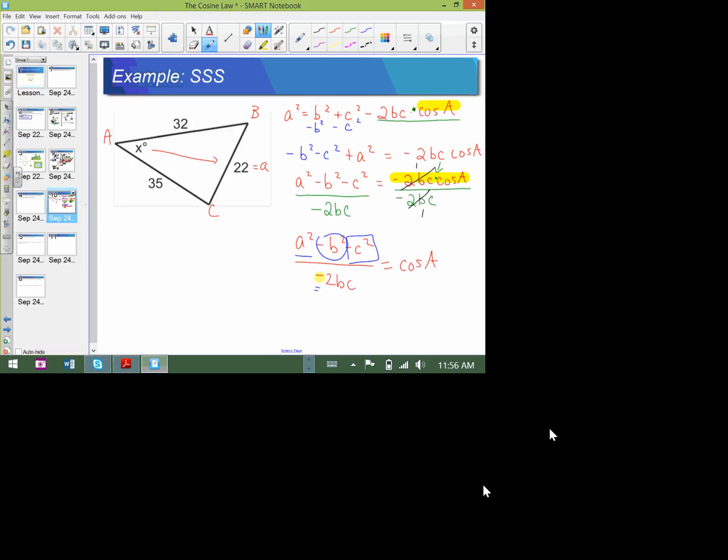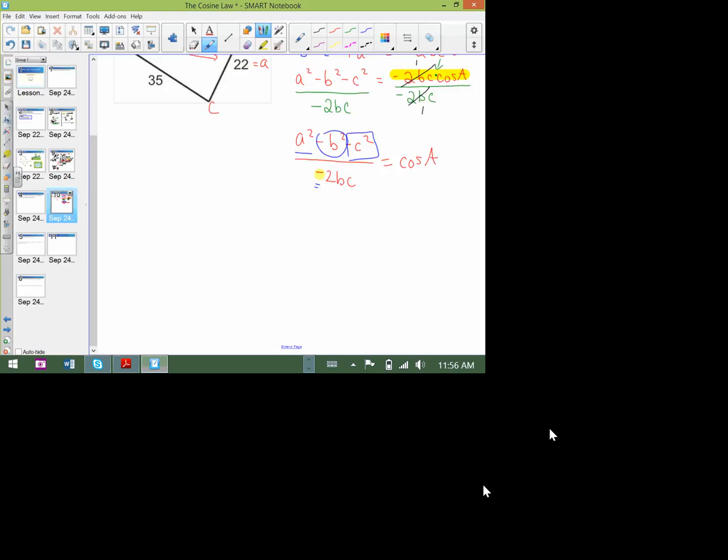In the denominator we'll have a positive 2bc, and in the numerator we're going to end up with a positive b squared, positive c squared, and then we'll flip the sign on the a squared. It becomes minus a squared, and that's equal to the cosine of A.